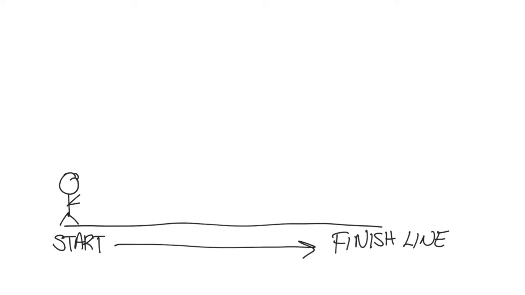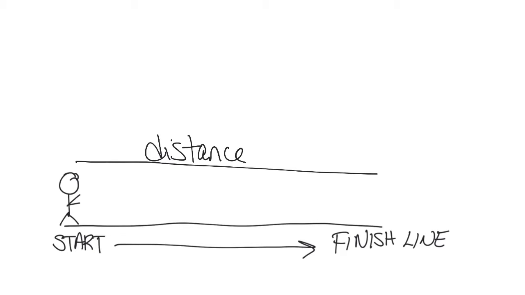Okay, so let's take this familiar situation of someone running a race, okay? And please don't be jealous of my drawing abilities. This is my person at the starting line, and then they go to a finish line, right? So they travel a certain distance, right?